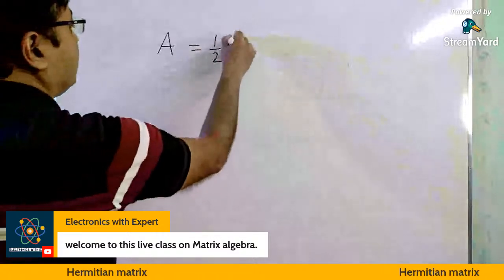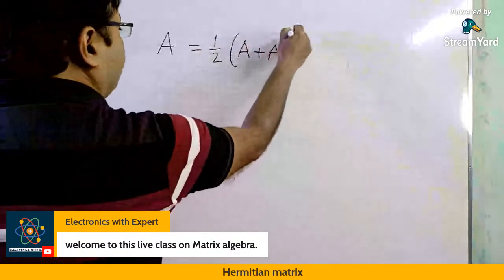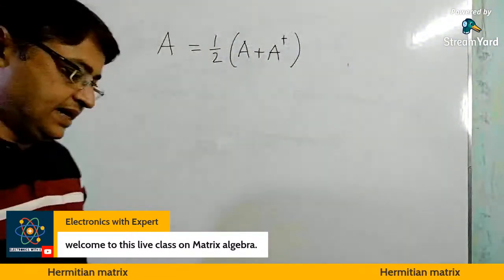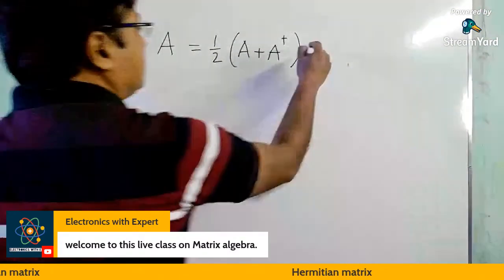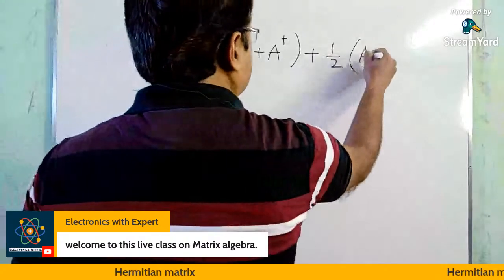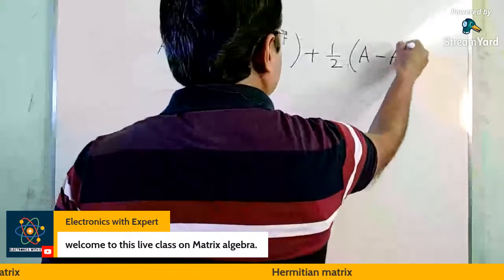So in this problem, we are expressing A, that is any square matrix A, as half of A plus A dagger, that is the sum of a Hermitian and a skew Hermitian matrix. So I am writing A equals half of (A plus A dagger) plus half of (A minus A dagger).